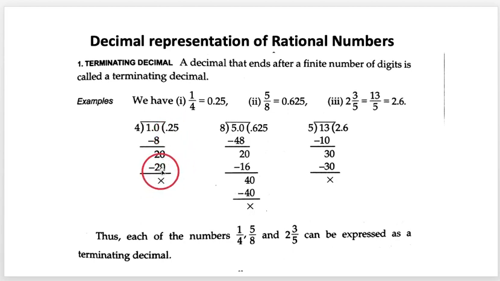Now this is called terminating because the division is finished, right? Similarly, 5 by 8, if you divide, there is no remainder, so it is a terminating decimal.